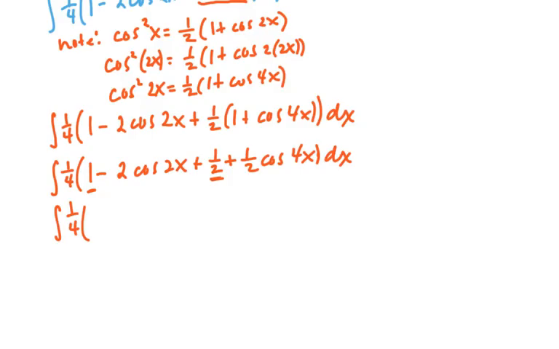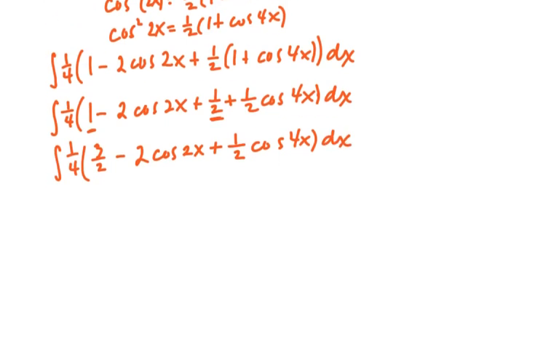Let's combine like terms. So 1 plus 1/2 is 3/2, minus 2 cosine 2x, plus 1/2 cosine 4x dx. Now we're going to have to use u sub twice. We're going to have to use u sub on this 2x here and on this 4x here.